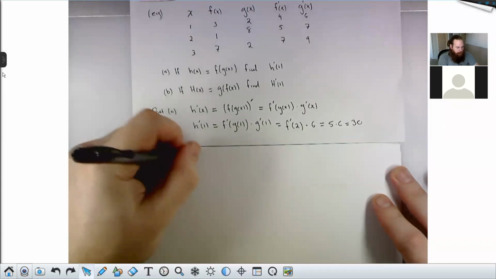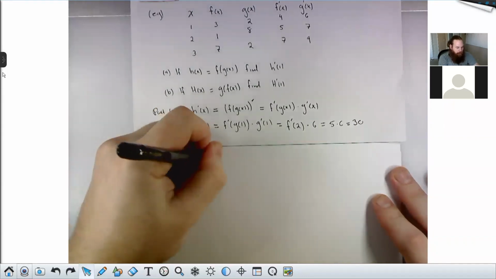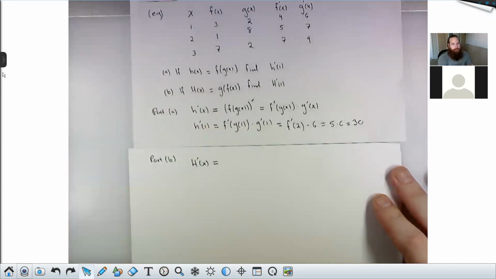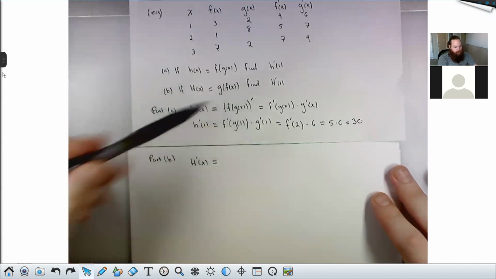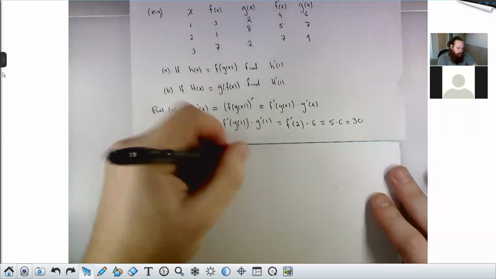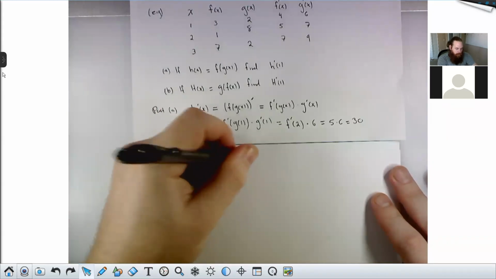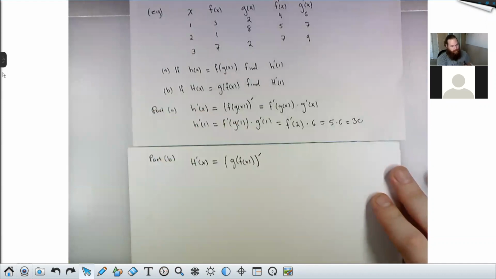Here I want capital H prime of 1. So I need to start by coming up with capital H prime of x. Remember, capital H is the composite g of f of x. So this is the derivative of g of f of x. So again, I follow my chain rule.